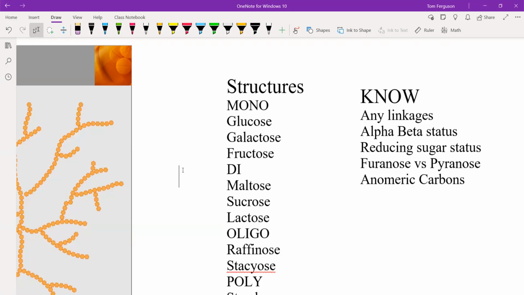There's the fructosides, the other saccharide class. That's a minor class. So I'm not requiring you to know the structure of those. Other classes I have, I just decided that it's important to know about them, but not how to draw them. These are really important. You'll see these a lot.